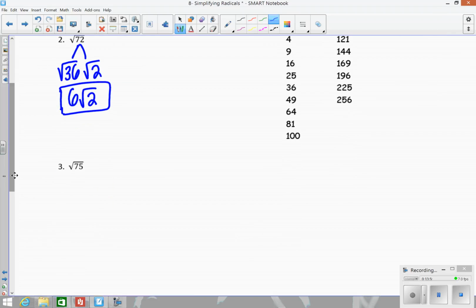Now we have an example where we don't already have the factors. So what you can do in your calculator, or by hand, is come up with all the factors. By hand, you would list out all the numbers that are factors of 75 and then choose the largest perfect square. Otherwise, my preference is to go into my calculator, type in 75 divided by x, and that'll tell me all of the numbers that multiply to give me 75.